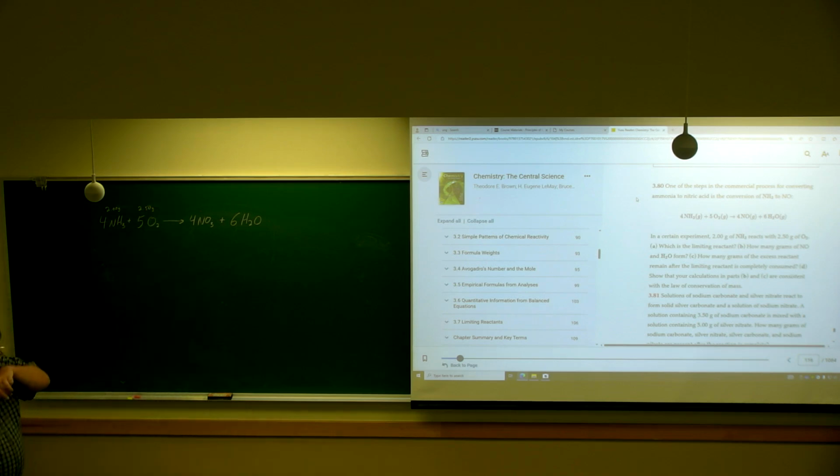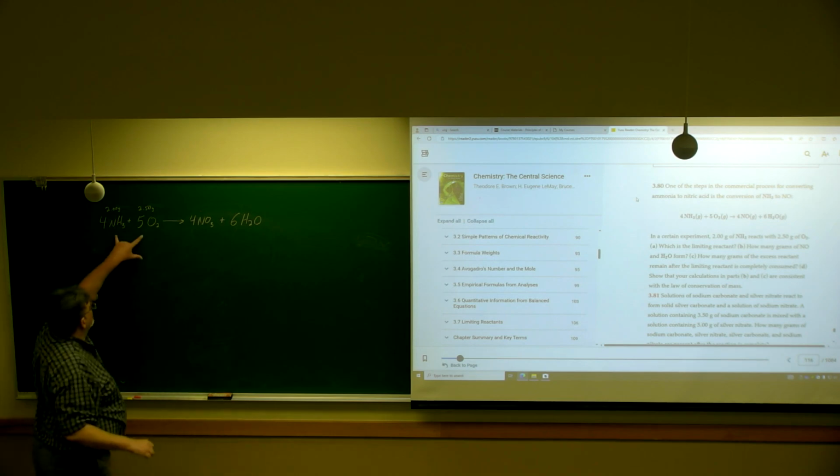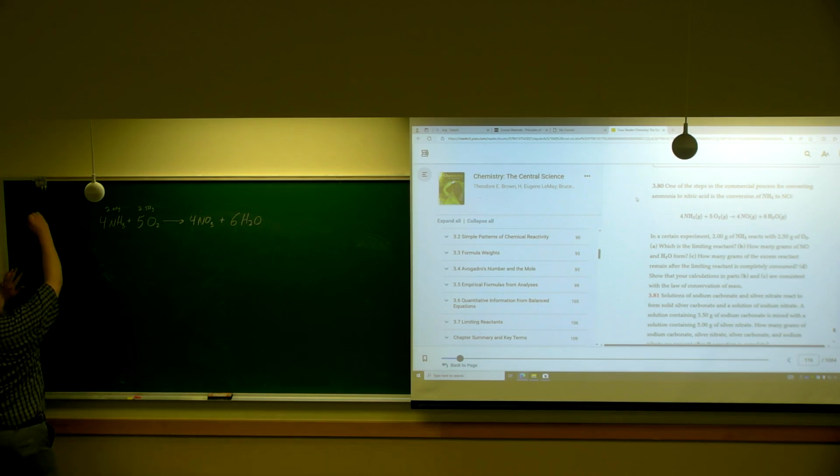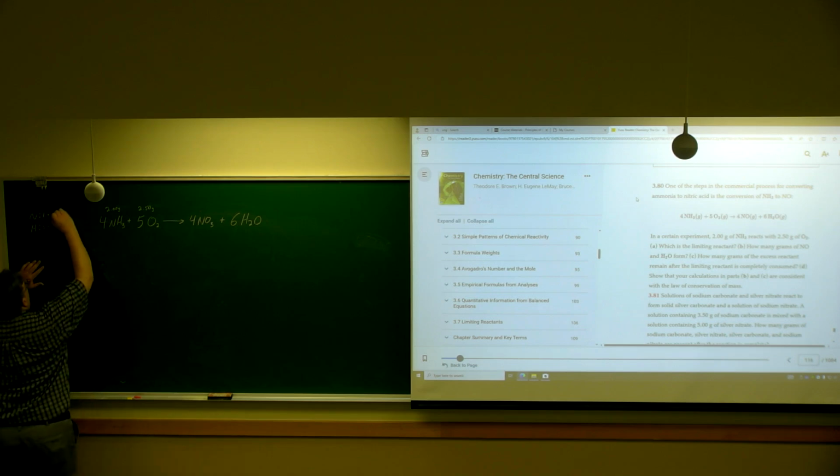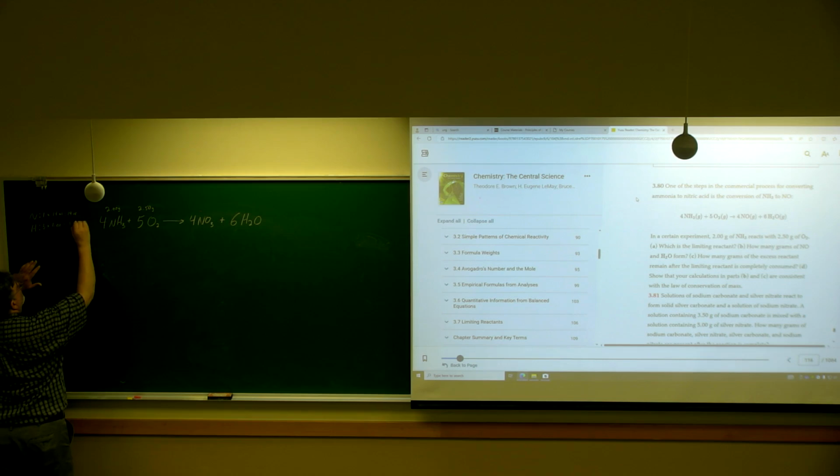Grams are mentioned here, so the first thing we need is the formula weights for these. We have N, we have 1 of them, we have H, we have 3 of them. 1.01. What is it for nitrogen? 14.01. 3.03.